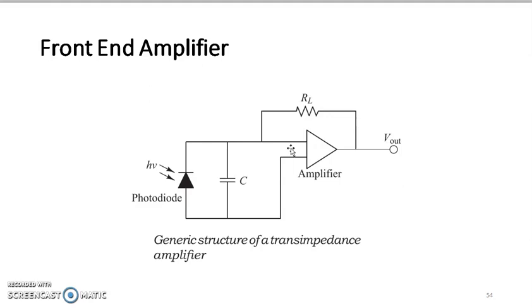This has RL used as a negative feedback resistor with the amplifier, and that RL can be increased, and because of that increase in RL, the negative feedback reduces the effective resistance seen by the photodetector by a factor of G. So the parallel resistance Rp is equal to RL by G plus 1, and G is nothing but the gain of the amplifier.